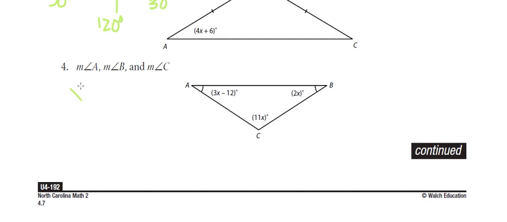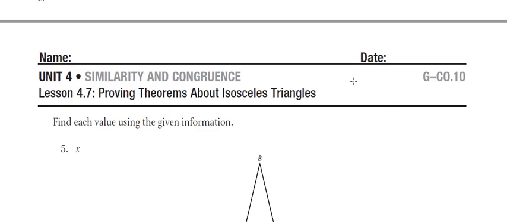You get that X is equal to 12, that the measure of angle A was equal to 24 degrees, that the measure of angle B was equal to 24 degrees, and that the measure of angle C was equal to 132 degrees.